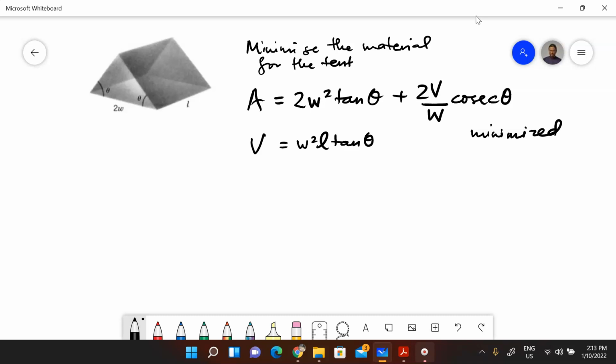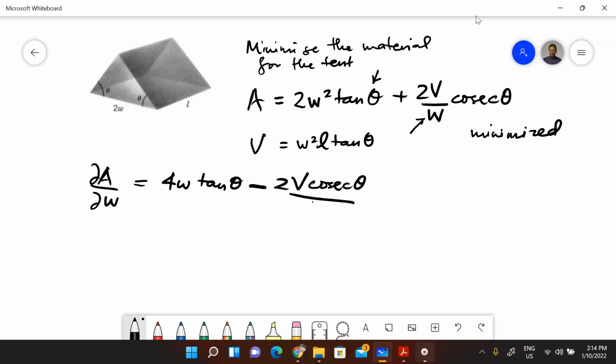What we need to do is essentially to minimize this area, and the variables written inside this equation of the area are your theta as well as your W. So essentially what we did was to differentiate A with respect to W. That was given before as 4W tangent theta minus 2V cosecant theta over W squared, and that has to equal 0 for an extremum point or stationary point.